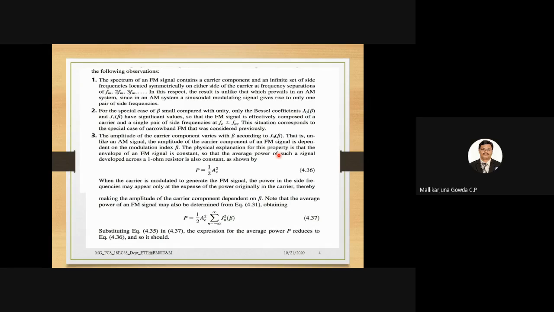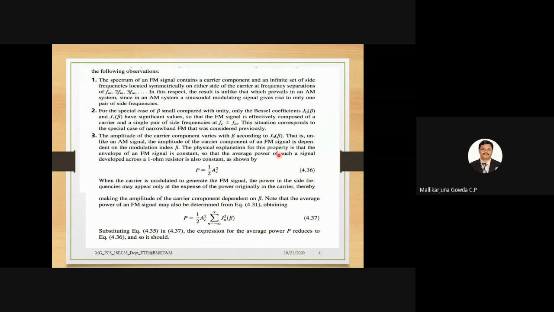Are you with me? See, frequency deviation delta F is equal to KF into AM, right? That frequency deviation is the change in the frequency of the carrier signal from its unmodulated value, right? So that depends on the amplitude of the message signal or modulating signal.